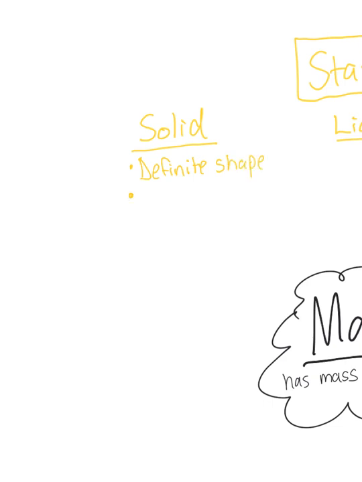And then if I were to ask you about its volume, what would you say? Is there a way that we can change the volume of a solid? Or is it going to spontaneously change volumes on its own? No. Okay, so this is something that would also have definite volume. If you think of anything that is a solid, like a table, it's going to take up the same amount of space no matter what.